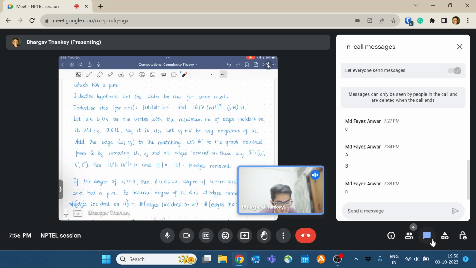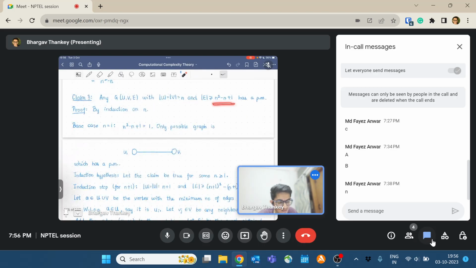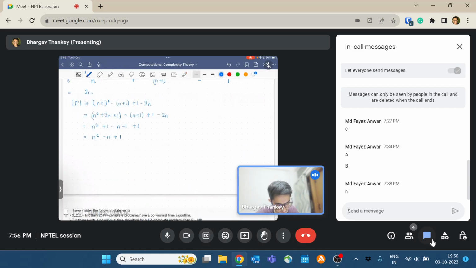And what does the claim say? The claim says that if an n vertex graph has at least n square minus n plus 1 edges, then it has a perfect matching, right? So from the induction hypothesis, G prime has a perfect matching.